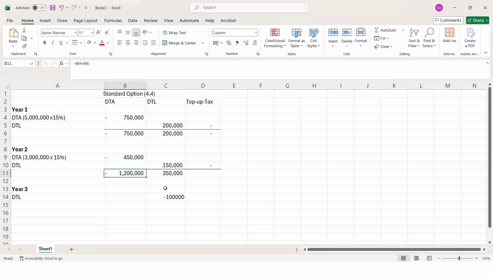What is my DTA balance? 1.2 million. So can I say that this whole DTA would be reversed and it would be used to set off top up taxes? 1.5 million minus 1.2 million.